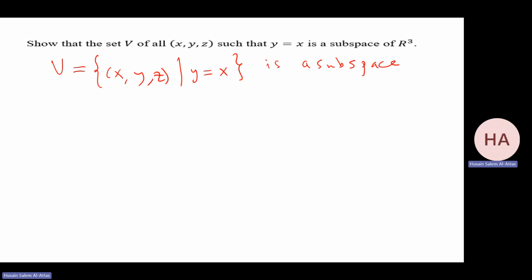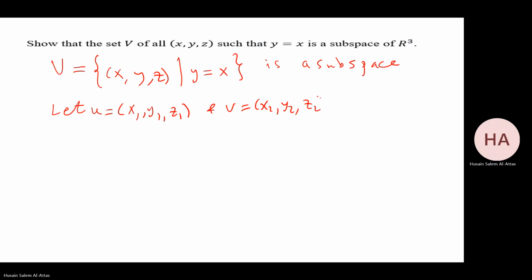As I said, to show it's a subspace, you cannot do it with examples. You should not do it with an example. You need to do it with general vectors. So I let U equal x1, y1, z1, and let V equal x2, y2, z2.